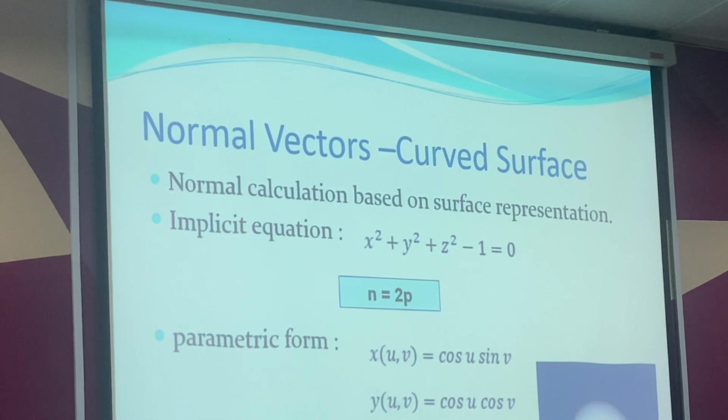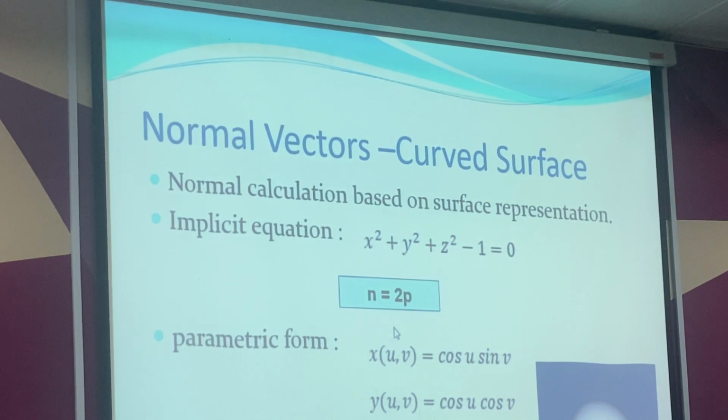However, for a flat surface it is very simple. For a curved surface, you need to use quadratic trigonometry, your cos and sin, in the implicit equation x squared plus y squared plus z squared minus 1 equals 0. If you hear people say UV, it is to calculate the lighting, the coordinates for your light source.